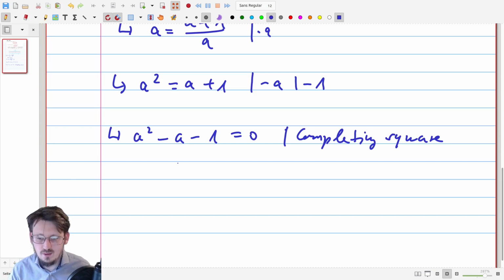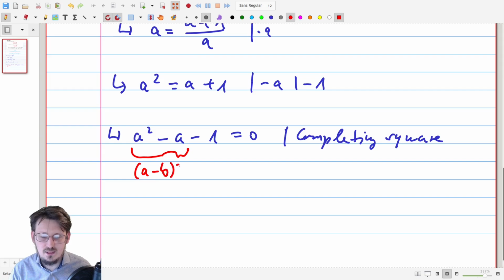So what we do, if we take this as the first part of our binomial, second binomial formula, which in this case, a minus b squared, would be a squared minus 2ab plus b squared, and we identify this here with 2b, then we can see immediately that we have to add up the square of 1/2, which is 1/4.